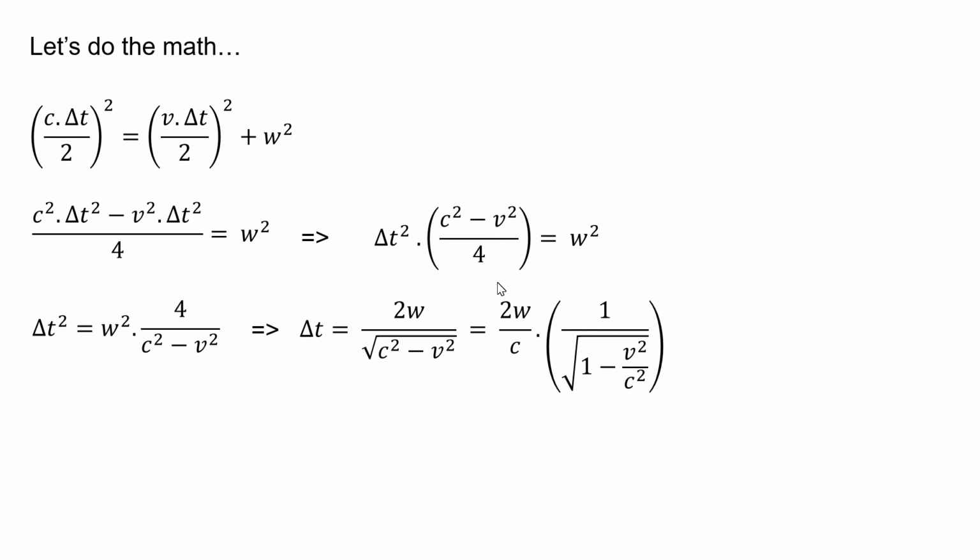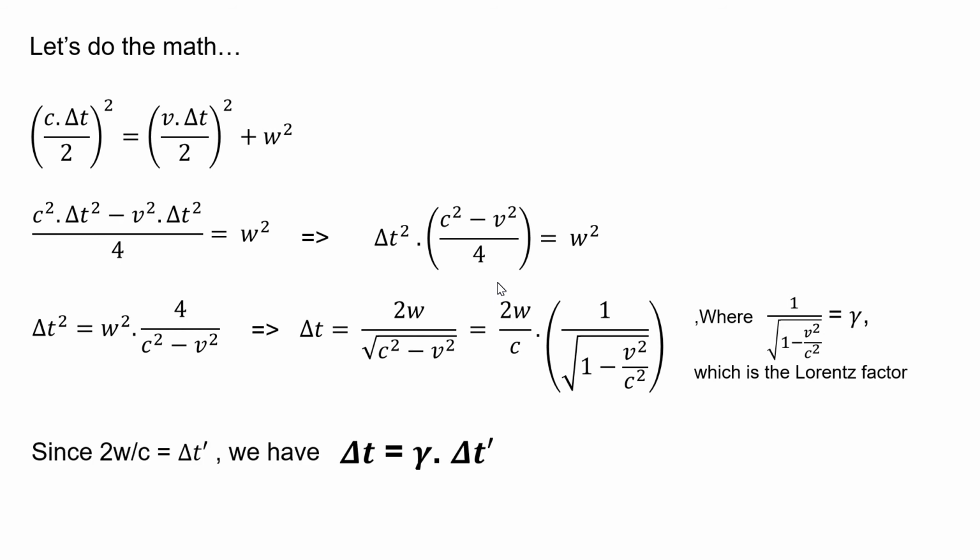And this expression, this thing in the bracket, is very important. This is known as the Lorentz factor and conventionally denoted as gamma. This is very important. The whole concept of time dilation lies on this gamma, and if you read the paper of Special Relativity, the gamma is one of the most important things in that paper.